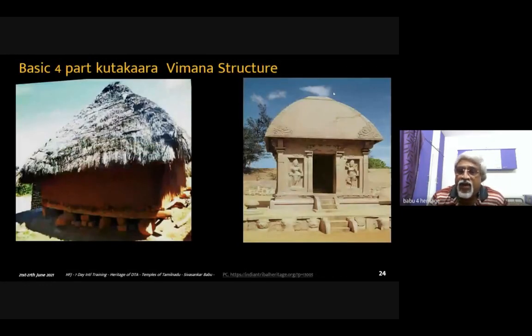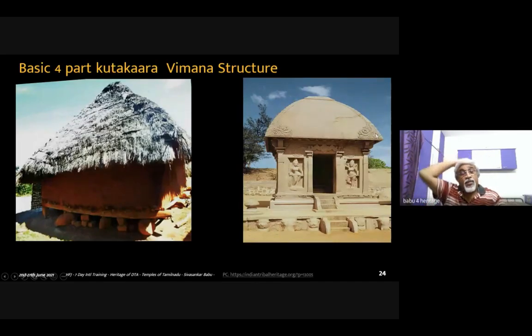Now, let us start with the rudimentary structure. We saw the Draupadi Ratha from Mahabalipuram. That represents the earlier huts that were available during the prehistoric period, 3rd century, 4th century. The same hut structure is represented here.